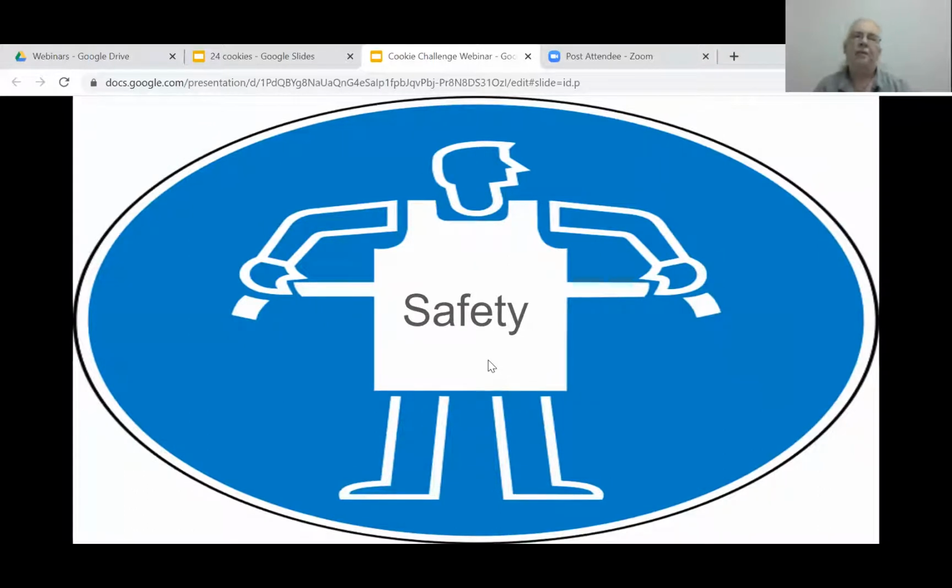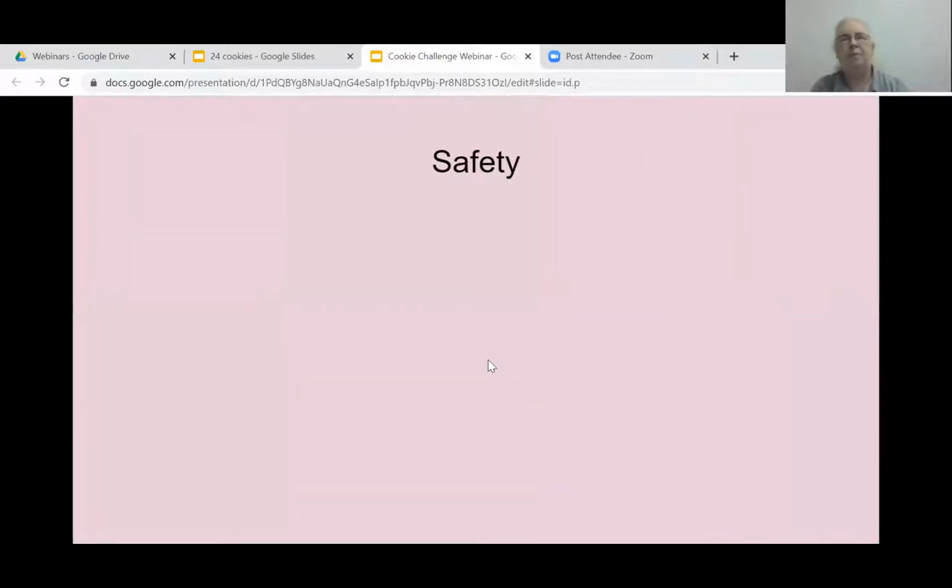The first topic, before we go into the kitchen, is to talk a little bit about safety. I'm sure you know a lot about safety, but we're going to go through some things that you might need with cooking. How many of you recognize this?